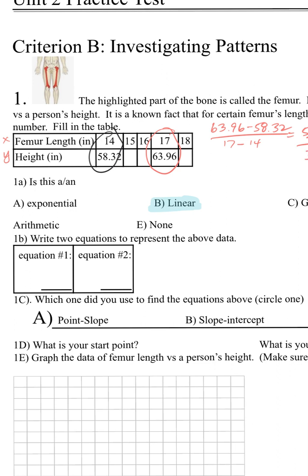Divided by 3, we get our common ratio, 1.88, or m is equal to 1.88. Common ratio and slope are the same thing.